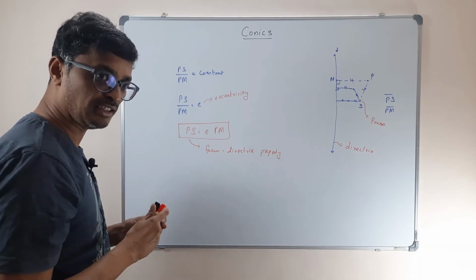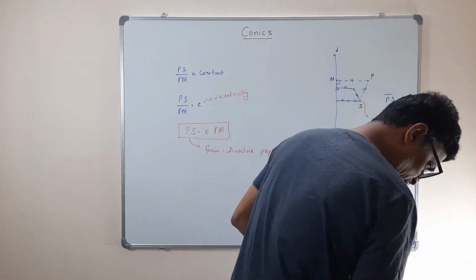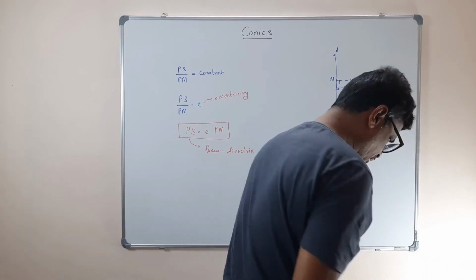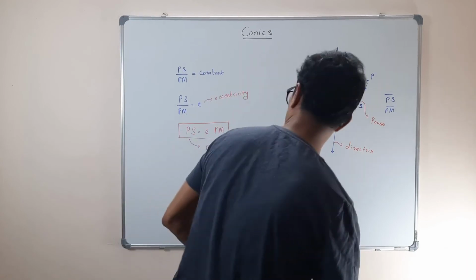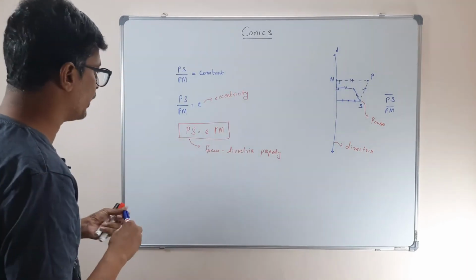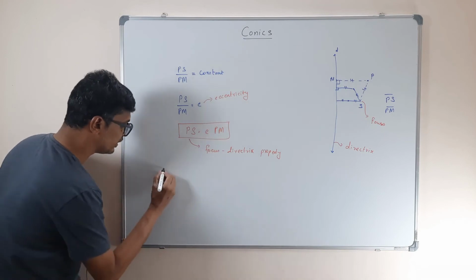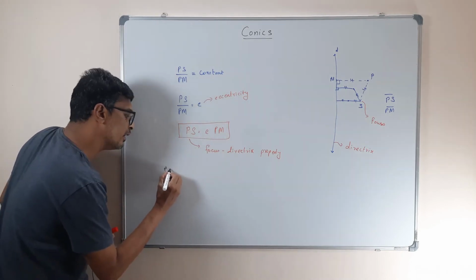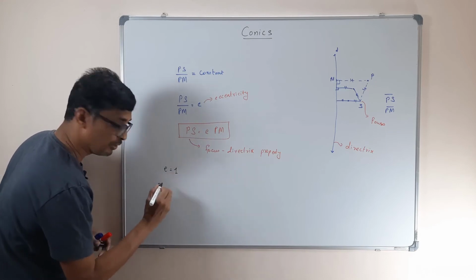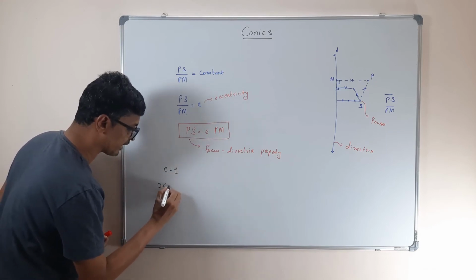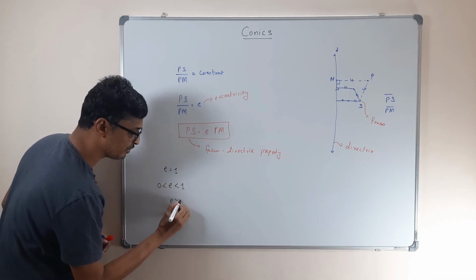Okay, then let me read some of the useful terms in the conic section. After defining, you have the three cases. What are they? E is equal to 1, E is greater than 0 and less than 1, and E is greater than 1.